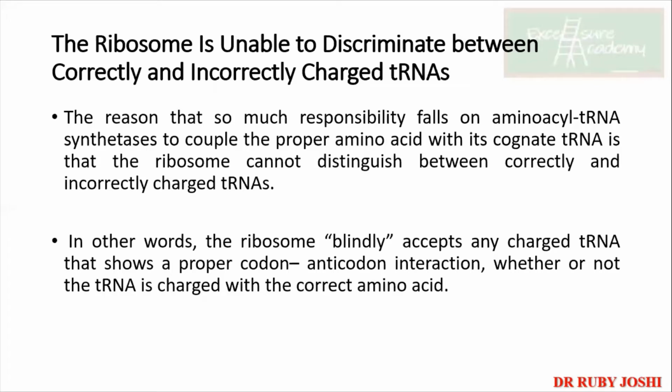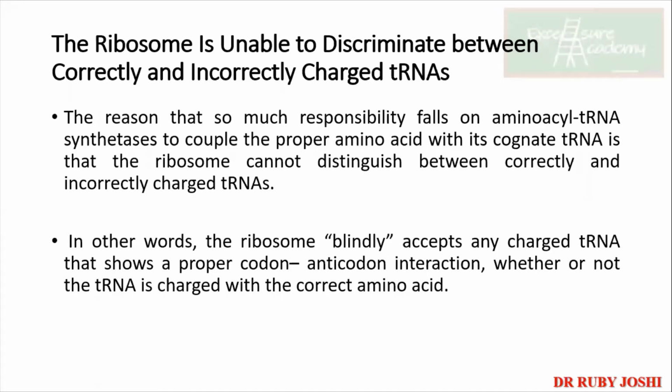Okay, don't worry. The ribosome is unable to discriminate between the correct and incorrect charged tRNA. So throughout the translation, the main responsibility comes on the aminoacyl tRNA synthetase. If it has attached the correct tRNA and correct amino acid, then good, you are going to get a good polypeptide chain, because the ribosome won't understand whether the wrong tRNA or wrong amino acid is coming or not.